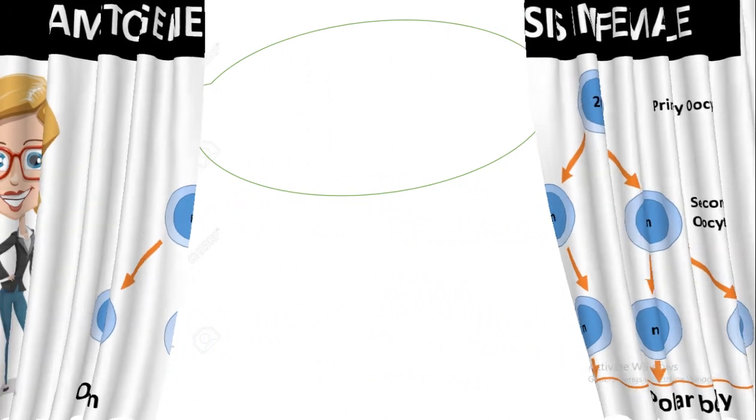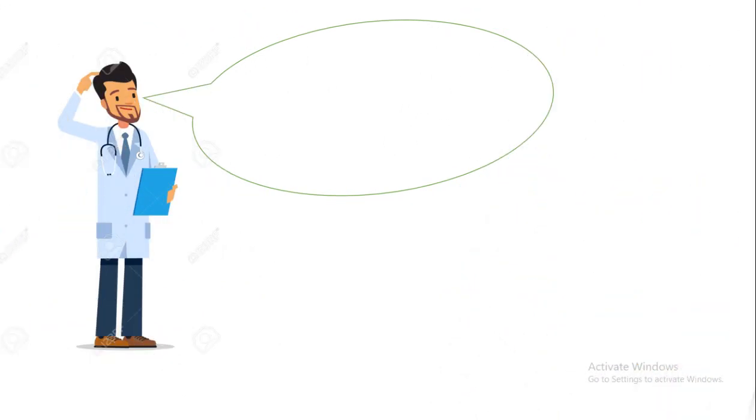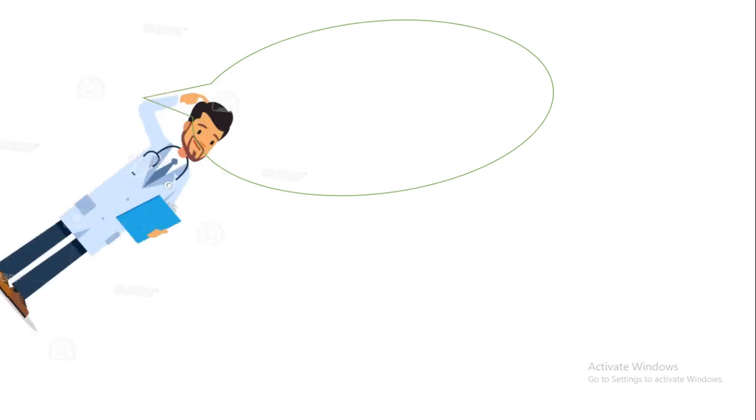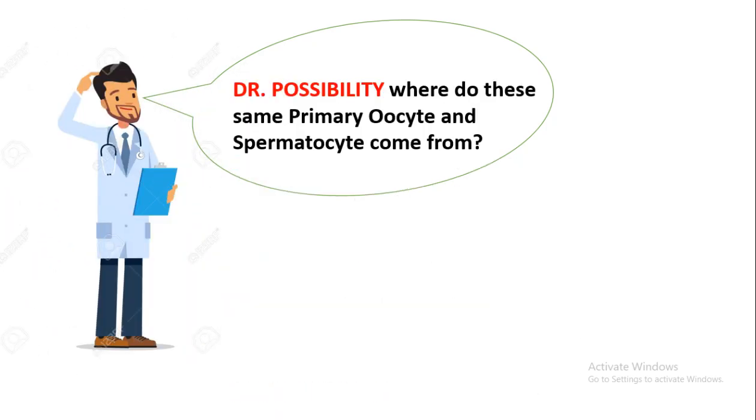Alright, I'm sure we are enjoying, but I'm also being accompanied by my friend James there. So James is wondering and is asking me a question. So what's up, James? James is asking me, Doc, where do this primary oocyte and spermatocyte come from?